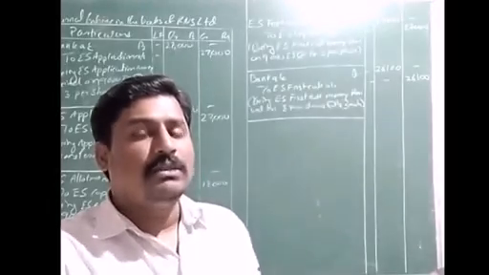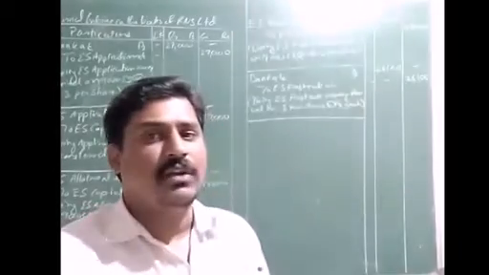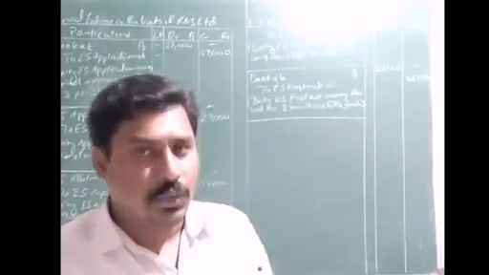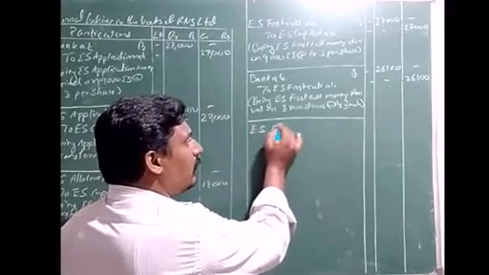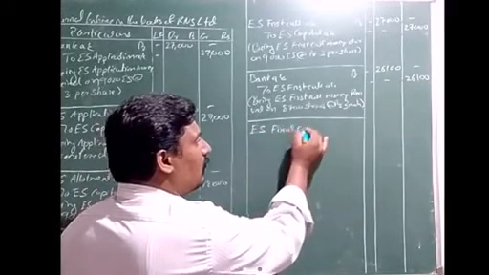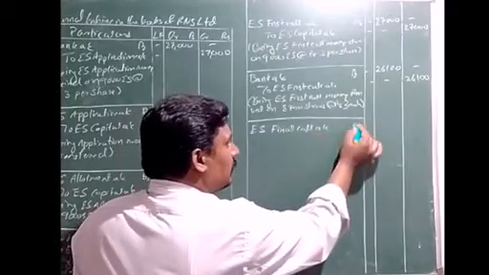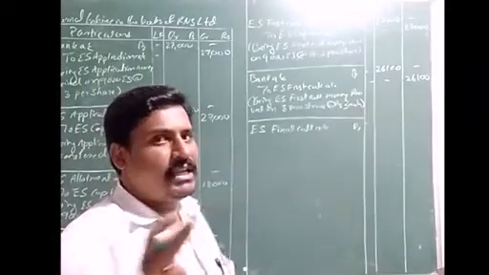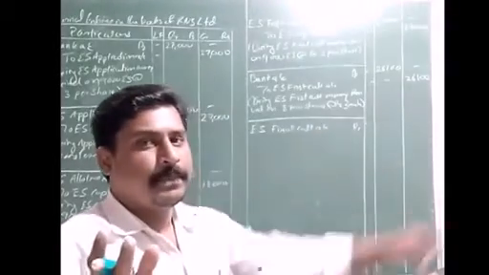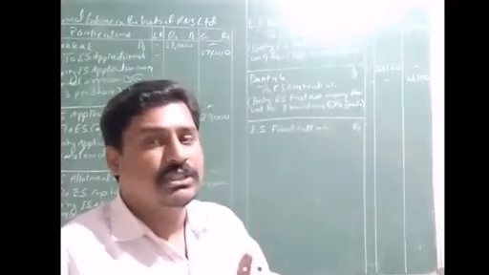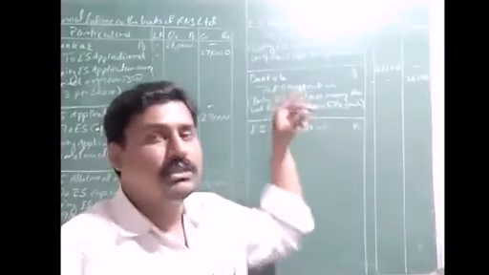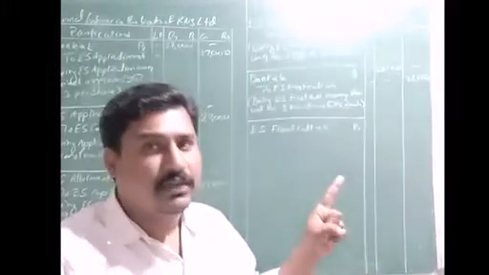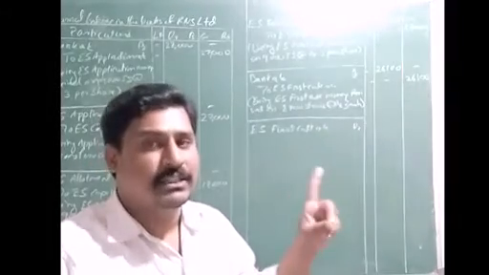Okay, so by assuming that we make the final call, now the entry for final call money becoming due. So here we write equity share final call account debit. On how many shares are we calling? We are calling on 9,000 shares only, not 8,700 shares, because we have not forfeited or cancelled those 300 shares.